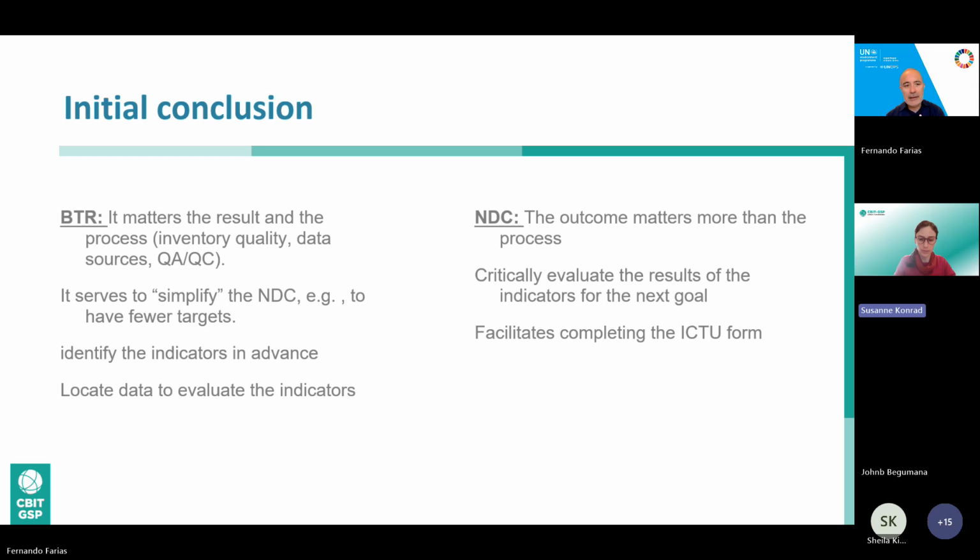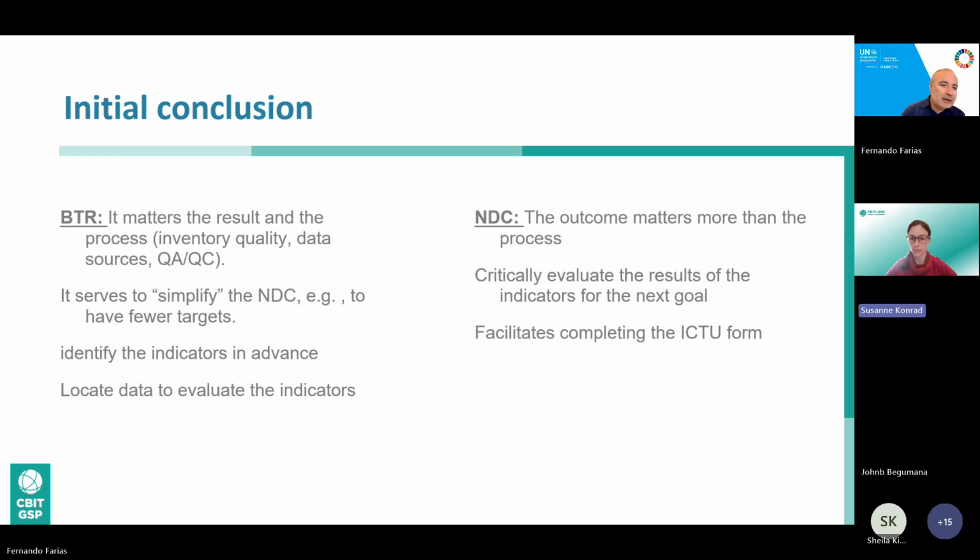But what is good is that all this process of the BTR can be useful to simplify the NDC. Probably when the previous versions of the NDC were done, this concept of indicators was not very clear, but now with the BTRs, countries are much more aware of how important indicators are, so they are trying to make NDCs that are much easier to track, with indicators that are not that complicated.